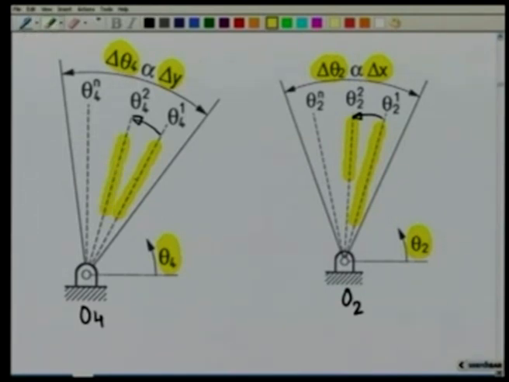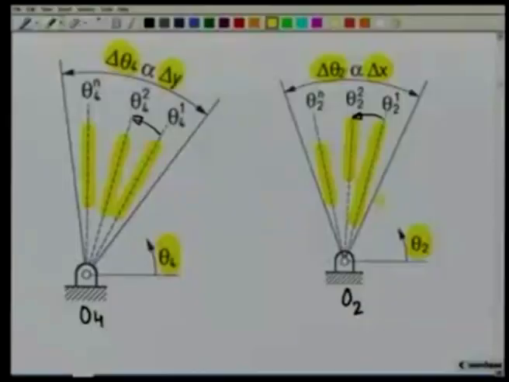Similarly, when the input link is along this line, the output link must be along this line. So, this is what we mean by function generation. The output movement delta theta 4 is coordinated in a given manner with the movement of the input link, that is delta theta 2.